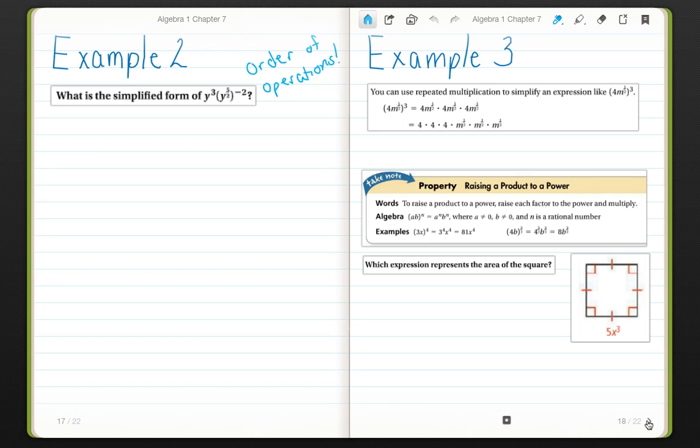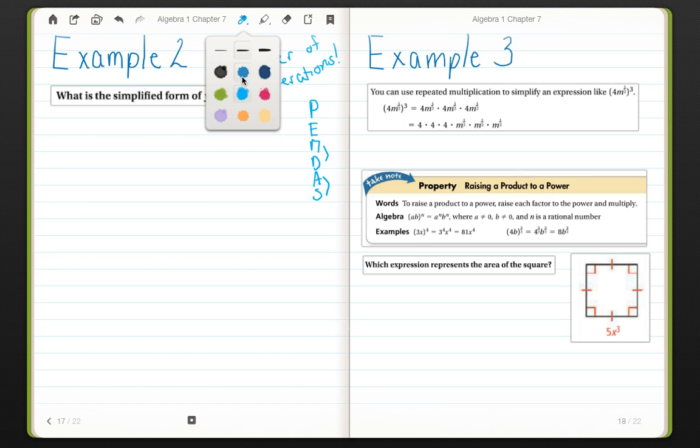All right, example 2. I want you to pay careful attention to your order of operations on this. Parentheses first, then exponents, then you multiply and divide, and then you add and subtract.